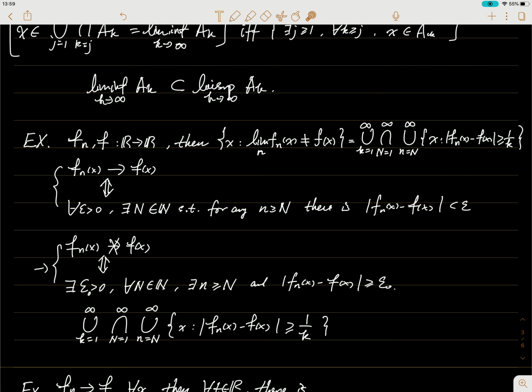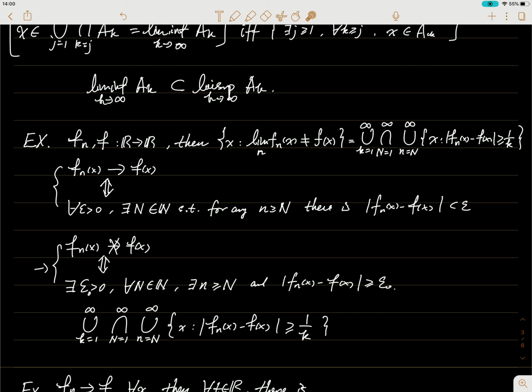But what if f_n doesn't converge to f(x)? We will just need to reverse this definition here. If it doesn't converge, that means there exists some epsilon, we call it epsilon 0, such that for any capital N, there exists a little n. You can see that the for all is replaced by exists, and the exists is replaced by for all.